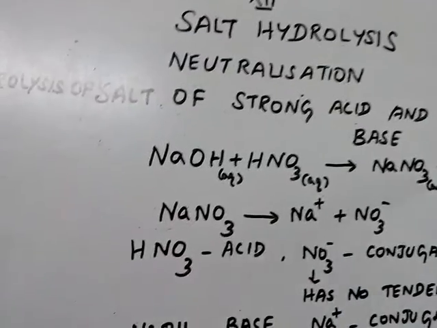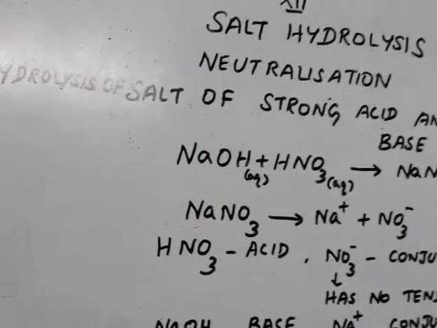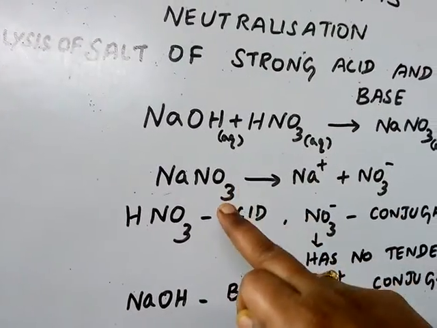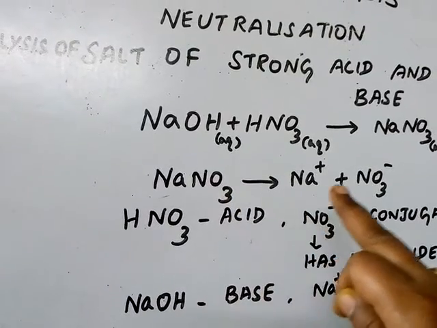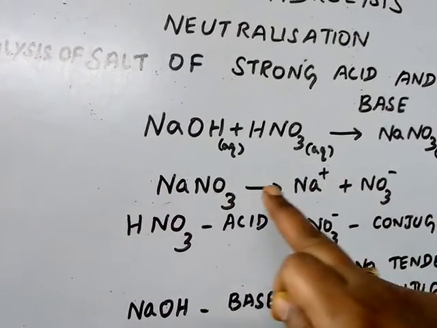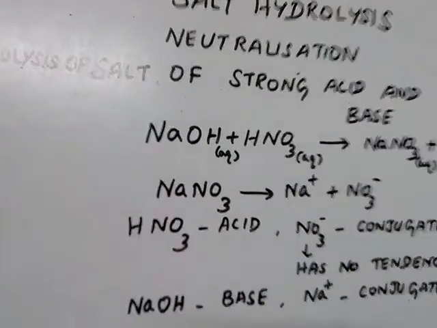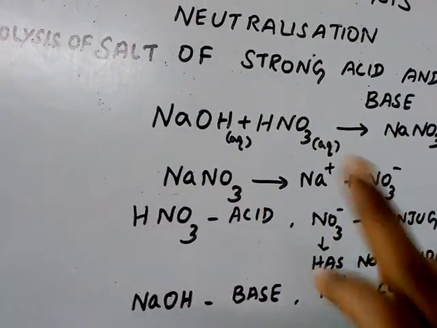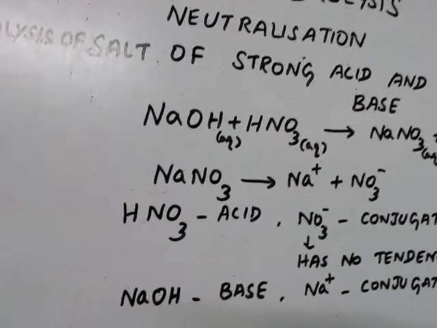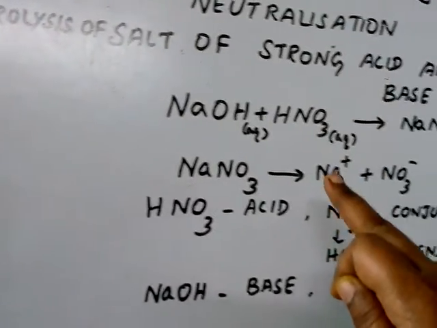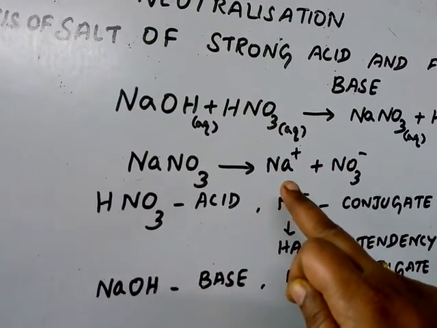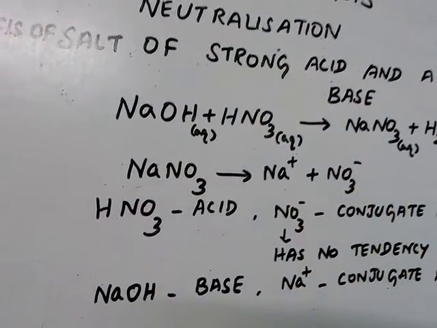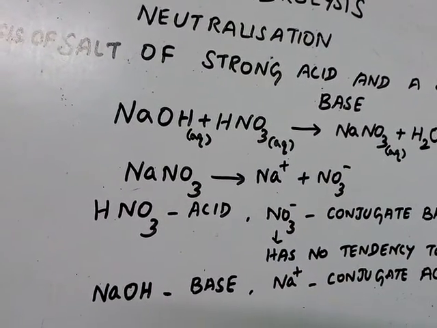That is the neutralization reaction. Now the formed salt dissociates into its ions when dissolved in solution. Is it clear? Sodium nitrate salt is formed. That sodium nitrate on dissolving in water produces sodium and nitrate ions.